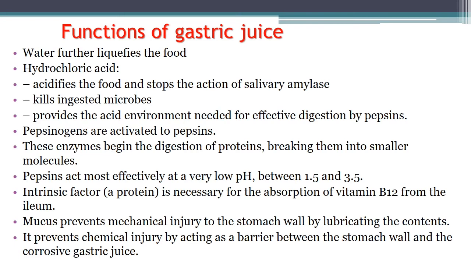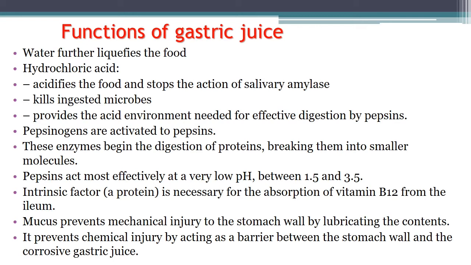Now the pepsinogen is activated to pepsin. This enzyme begins the digestion of protein, breaking it down into smaller molecules. Pepsin acts most effectively at a very low pH, between 1.5 and 3.5.